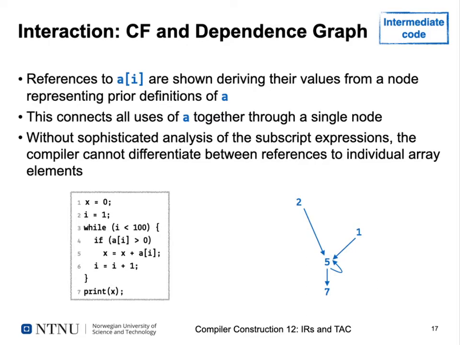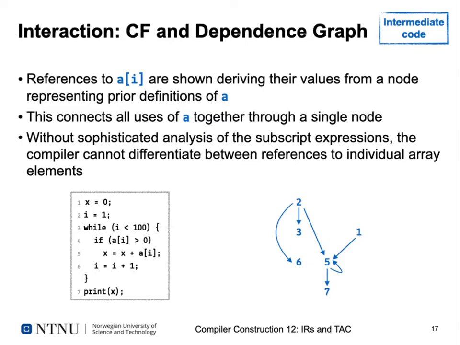So what else can we see here in terms of dependencies? Our second line here initializes our array element counter to 1. So this array element counter I is used in line 5, of course, because we access this element I here in line 5. It's also used in line 3 because we need to check if the array element is still inside of the range of our array.